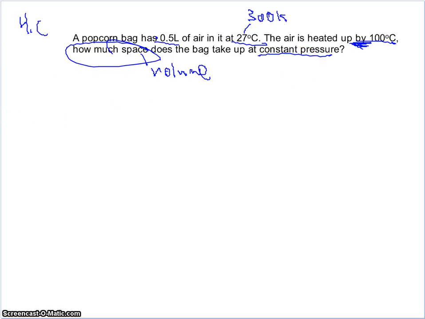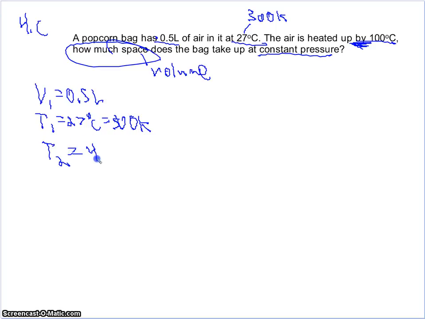After I annotate, I want to collect my variables. My initial volume is 0.5 liters. My initial temperature is 27 degrees Celsius, which I have to convert to Kelvin, because all these graphs are only true for Kelvin. It says the air is heated up by 100, which means I have 300 plus 100, so that's 400 Kelvin.